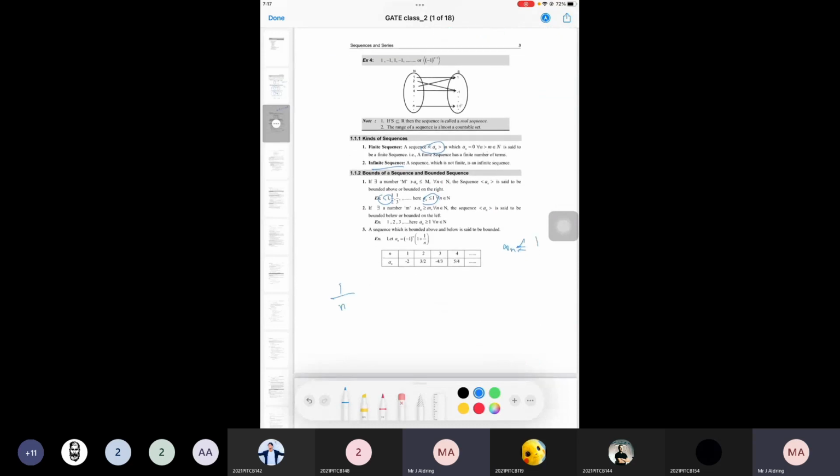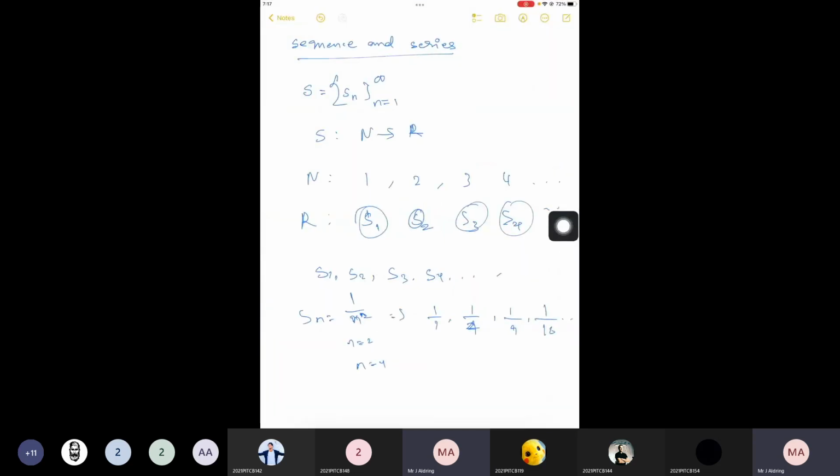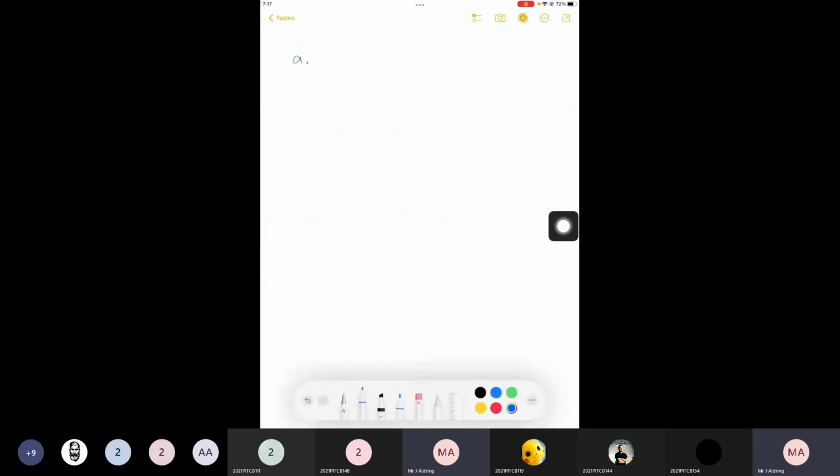1 by n, you may consider that as a sequence, where n tends from 1 to infinity. That means an is equal to 1 by n.